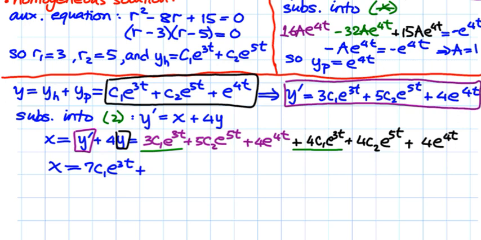This we have c2 e to the 5t, and 5 and 4, make it 9.